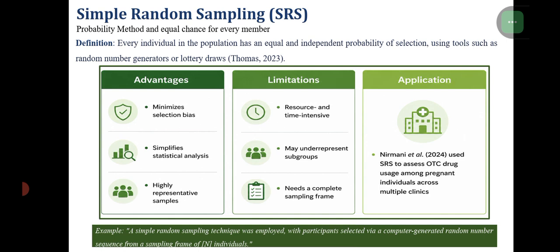Level 100, level 200, level 300, level 400, level 500. I want to capture these levels. So I want them to be represented. Now, if I do this simple random sampling, there's no guarantee that all the groups may be well represented.